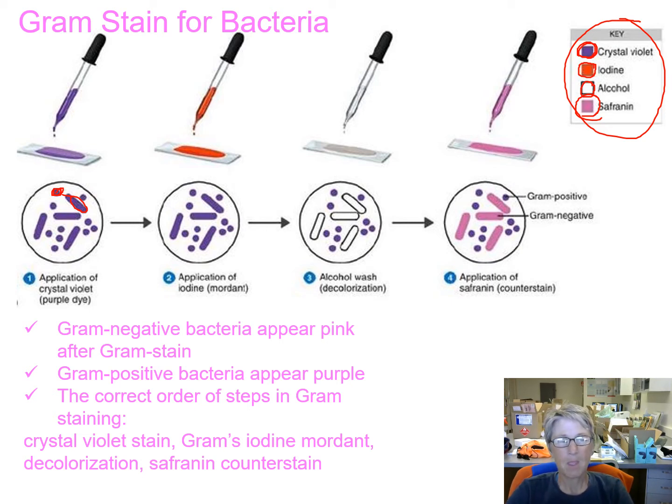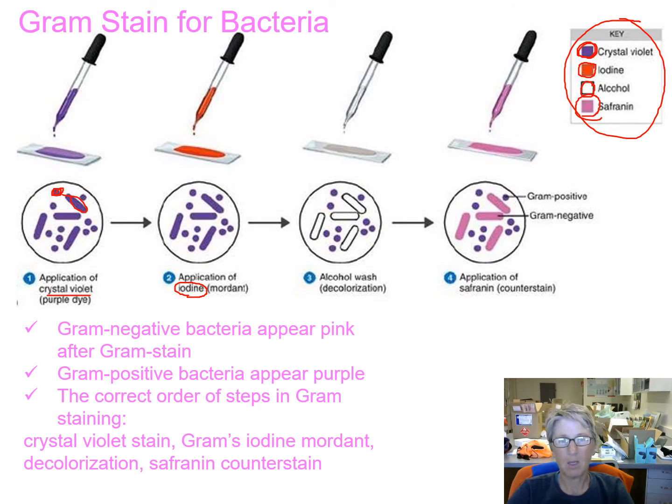And the first thing you do in a gram stain to see what kind of bacteria you have, you apply this crystal violet, which is a purple dye. And then you'll do some rinsing, and then you'll apply iodine, which is a mordant that locks the color in. And then you'll do an alcohol wash. You'll decolorize all the bacteria.